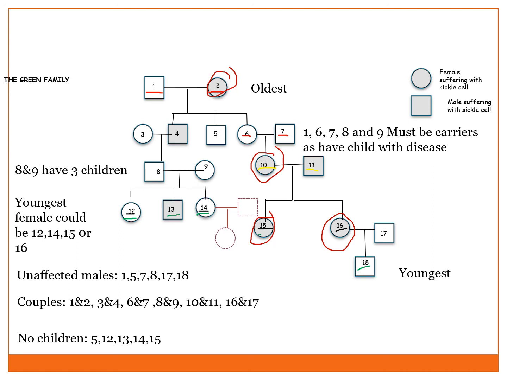1, 5, 7, 8, 17 and 18 are all the unaffected males. So 1, 5, 7, 8, 17 and 18.